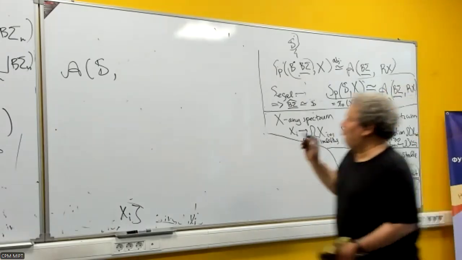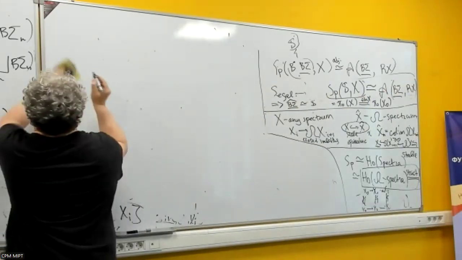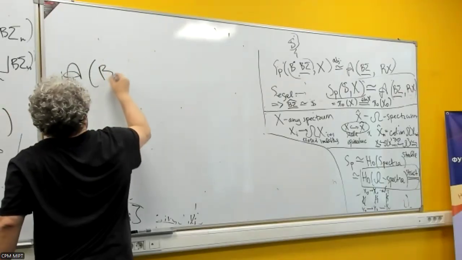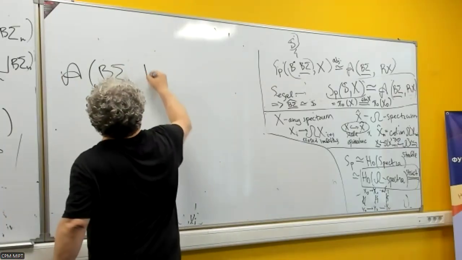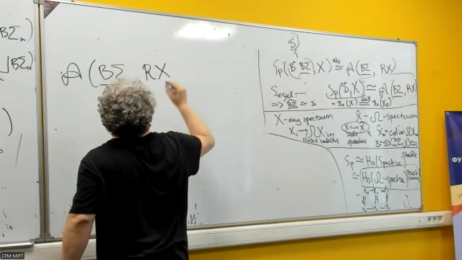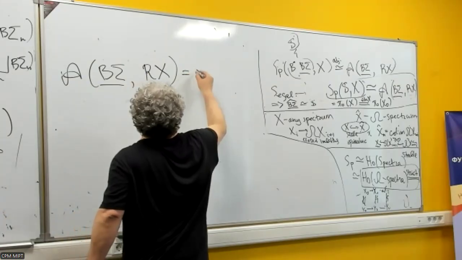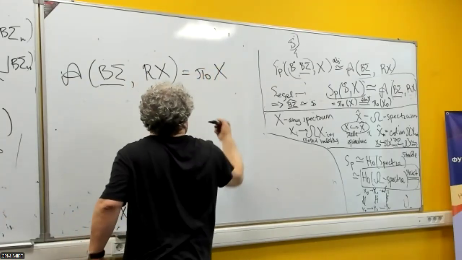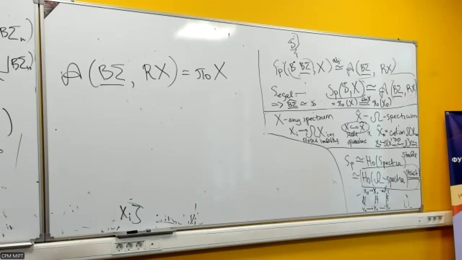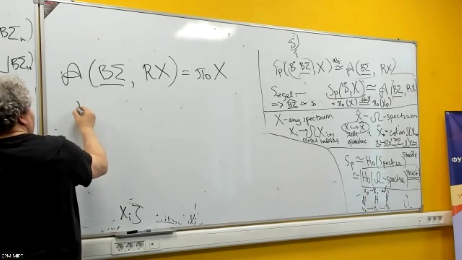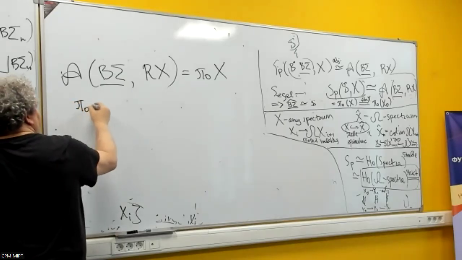So then we have to prove actually that in A, from B sigma to Rx, it's pi 0 of X, which we know for fibrant is pi 0 of X0.